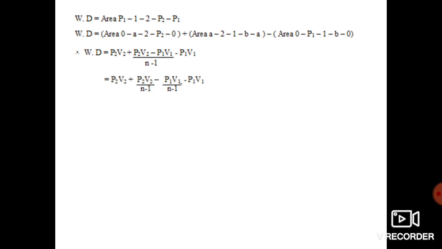Now we will simplify this term: P2V2 plus P2V2 upon n minus 1 minus P1V1 upon n minus 1 minus P1V1. We will take P2V2 common. So when we take P2V2 common, what is remaining is 1 plus 1 upon n minus 1, and here we take P1V1 common, so we get 1 upon n minus 1 plus 1.